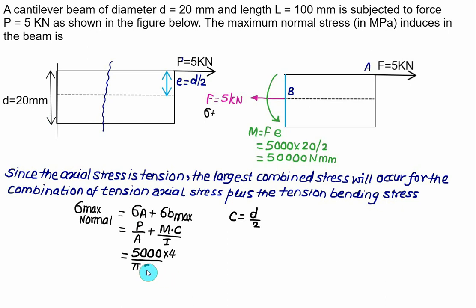We have diameter equal to 20 square, plus bending moment M equal to 50,000, so we have 50,000 times eccentricity d by 2, which is 20 divided by 2, divided by the moment of inertia of a circular section, which is pi divided by 64, which shifts to the numerator, times d to the power 4, which is 20 to the power 4. Solve this, and you will get the maximum value of bending stress. This maximum value comes out to be 79.6 megapascal.